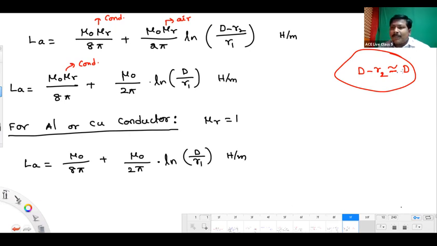Why did we consider this as approximately D? Because the radius is very low compared to the distance between the conductors. Okay, let me simplify this equation. We have two terms. I want to combine these two terms together and rewrite as a single term. So I'll take that mu naught by 2 pi common here.